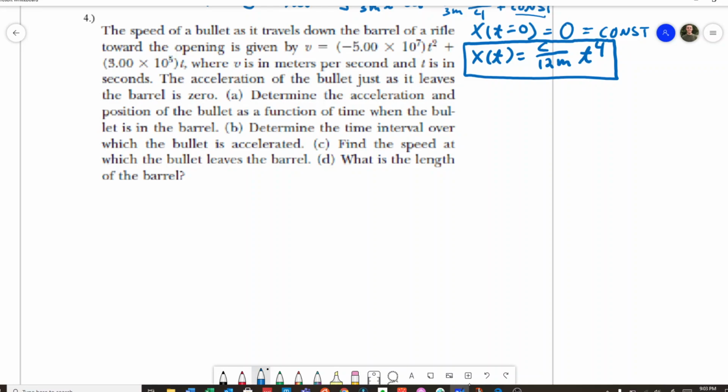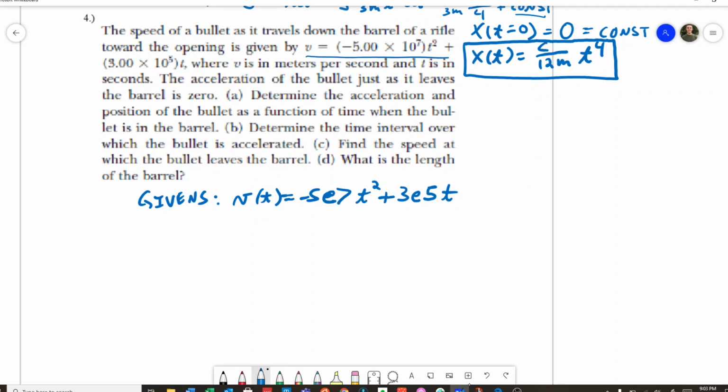This problem is a little more interesting, a little more difficult. The speed of a bullet as it travels down the barrel of a rifle toward the opening is given by, let's just write this down, it's one of the givens: v of t is equal to minus 5e7, where I use e as times 10 to the power, t squared plus 3e5 t.